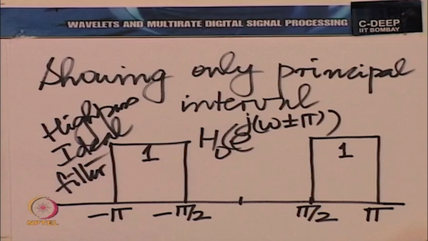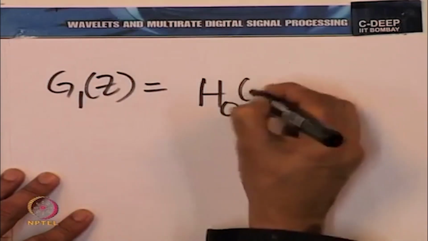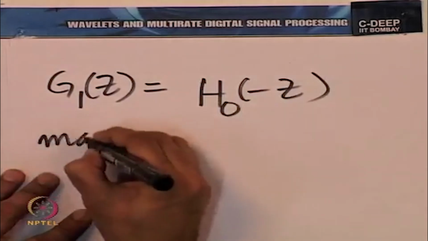In fact, the equation G 1 z is H 0 minus z makes a lot of sense.